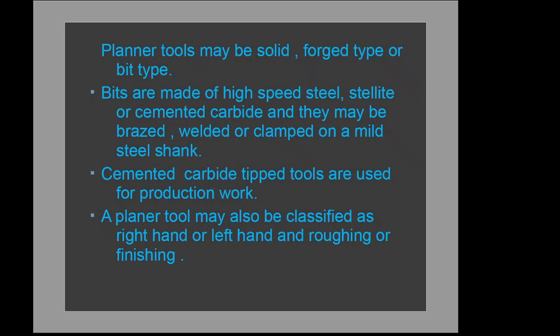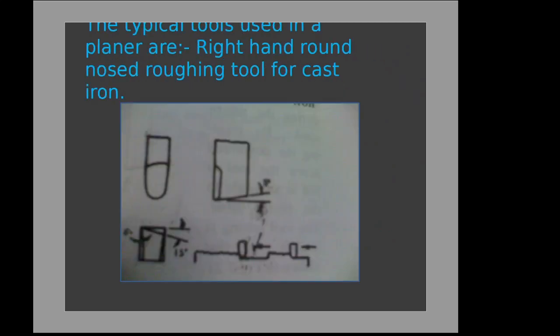Bits or insert type tools made of high speed steel, stellite, or carbide are brazed and welded or clamped on the mild steel shank. Planer tools are basically classified as right hand tools or left hand tools, or tools used for roughing operation and tools used for finishing operation. A right hand round nosed tool used for roughing operation of cast iron is shown in this figure.